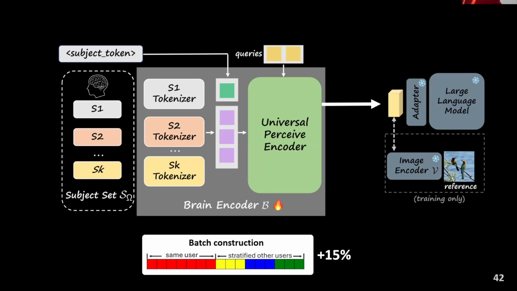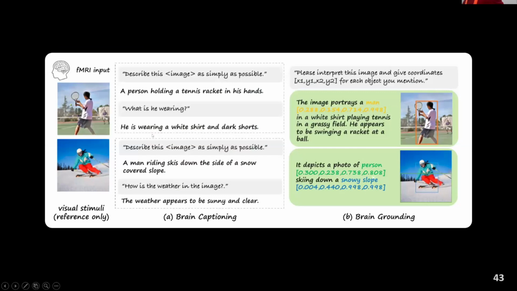So let's look at a few results. These are brain captioning results with our method UMBRAE. Since we have aligned our brain representation towards the MLLM representation, we inherit all their capacity, which allows interacting with the embedding through a prompt.